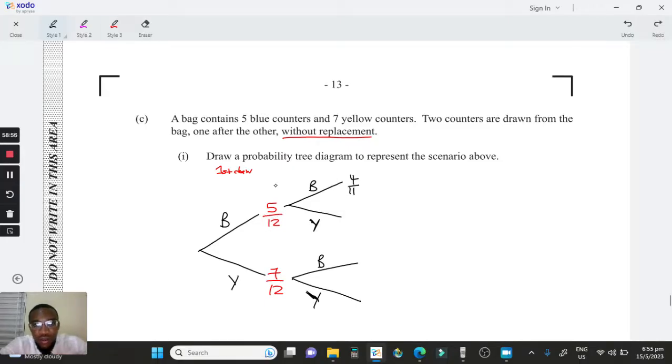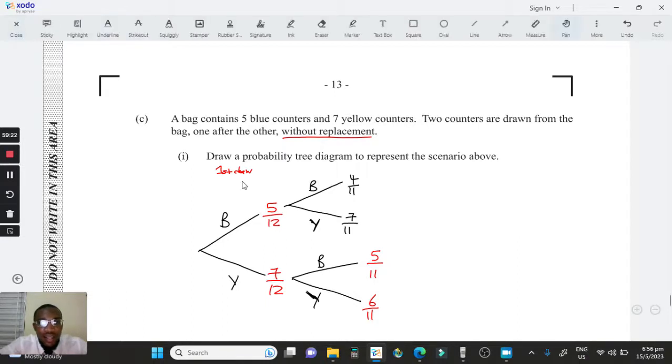Now, to get the yellow, you haven't taken any yellow, so it's 7 out of 11. Now, if you get the yellow first, if you take out one of the yellows first, then 11 would be left. And so to get a blue would be 5 out of 11 because we haven't taken any blue. Now, if it's yellow then yellow, if you take out a yellow, 6 yellows are left from the 11, so 6 out of 11. Alright? And that is that.